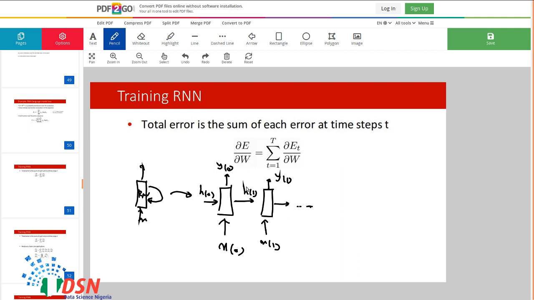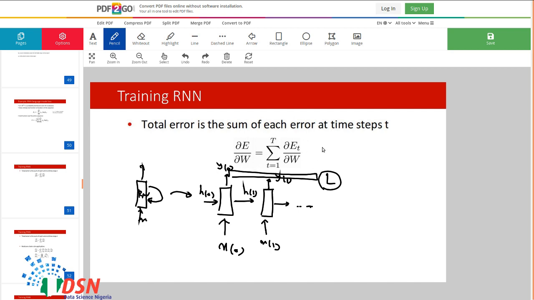We saw how we could calculate the error by summing the differences and getting the loss function or total error function. Now we want to discover a little more about the training of this RNN. The total error is actually the sum of all errors.